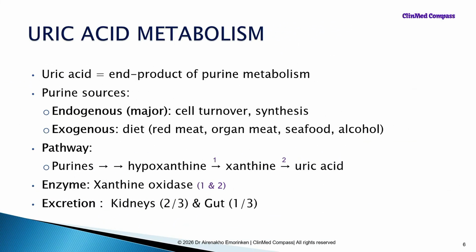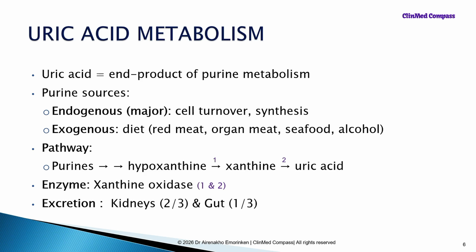Uric acid is the final end product of purine metabolism in humans. Unlike some animals, humans lack the enzyme uricase, so uric acid accumulates as the final product. Purines come from two main sources. The first is endogenous sources, mainly from cell turnover and normal nucleic acid metabolism.